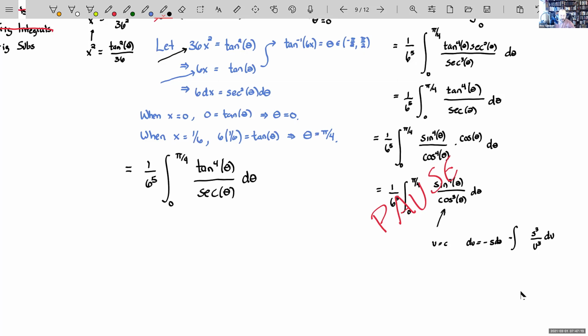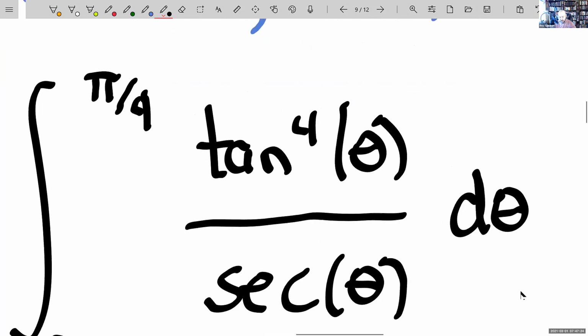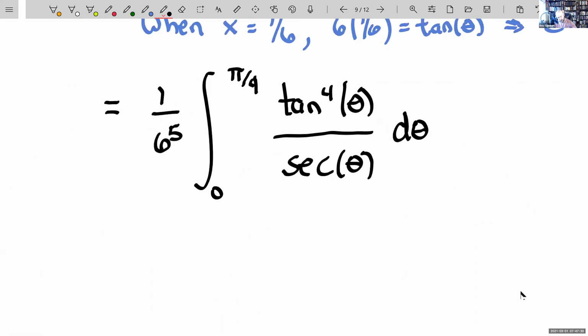And I'm going to do my second tactic, which is, tangent squared, which is kind of what we're looking at, can be traded out for a secant squared minus 1. So I'm going to go ahead and try that.